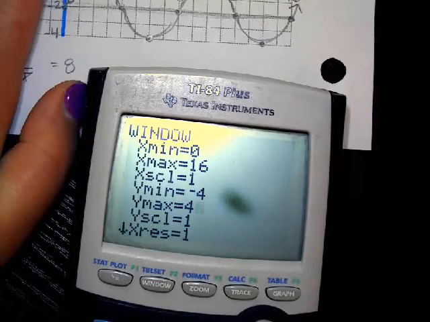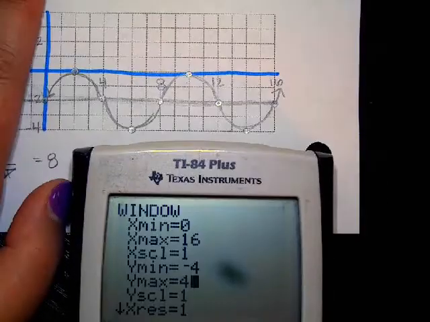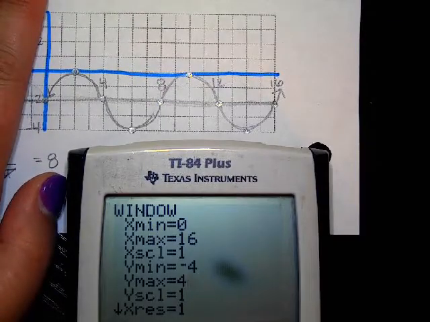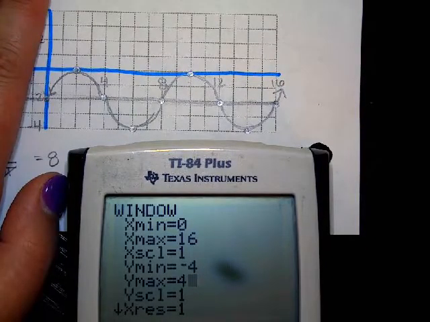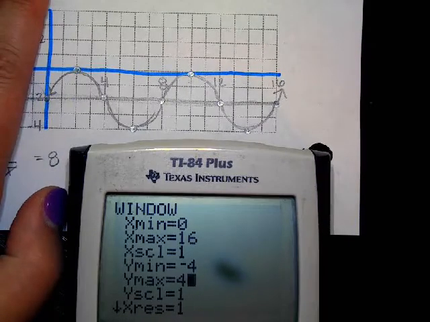So I'm changing my window to look like this, because then my calculator screen should look like what's on my paper. And then I'll be able to say, oh yeah, that actually looks like what's on my paper, or no, it doesn't. Because if the answer key doesn't have the exact same intervals as me, it's going to be confusing to try to compare them, okay? So if you change your calculator screen to look the same, then it will be easier to compare, okay?